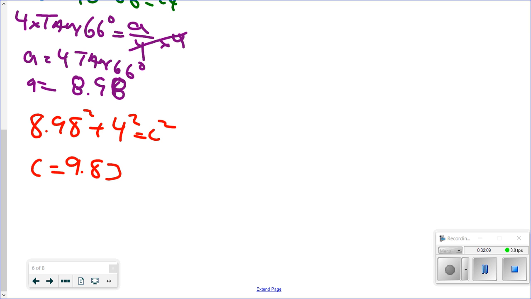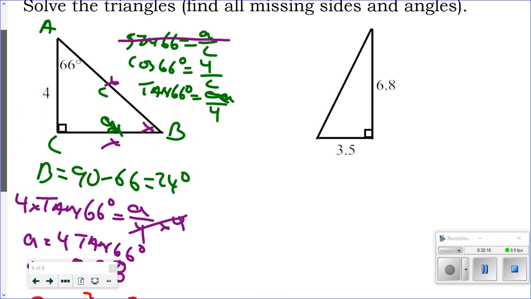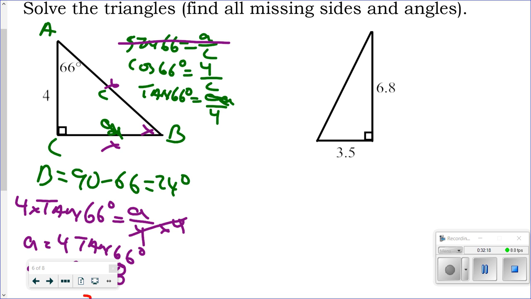Now, we have to look at the other triangle because it's a little harder. I'm going to go ahead and label this up. A, B, C, there's my hypotenuse C. And this, ladies and gentlemen, is decision-making time.